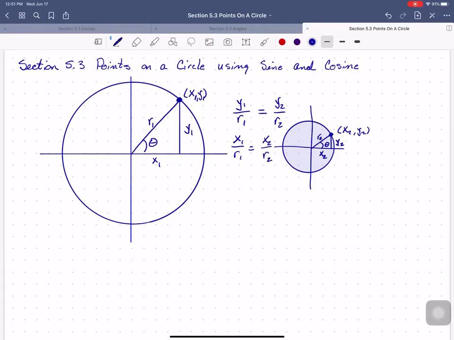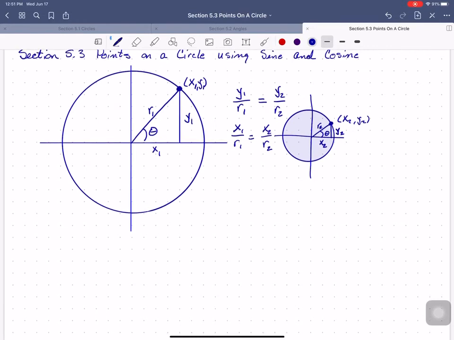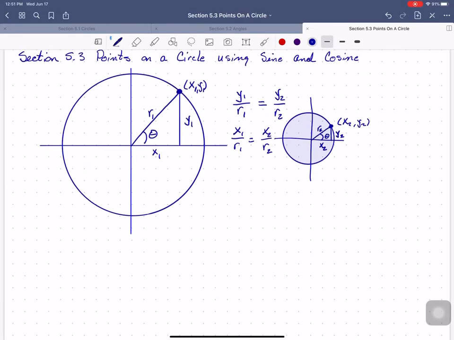Now we want to give these ratios names because they turn out to be really important. You may remember from earlier classes that included right triangle geometry that if we've got a right triangle and we mark an angle here, we gave names to the ratios of the different sides.